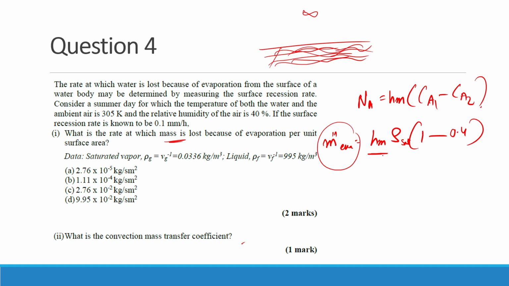For that you can simply write the conservation of species across this control volume of water. Whatever mass is going from the liquid is ultimately getting evaporated. So in other words you can write this as minus of mass flux into A is equal to d by dt of the mass that is getting evaporated.